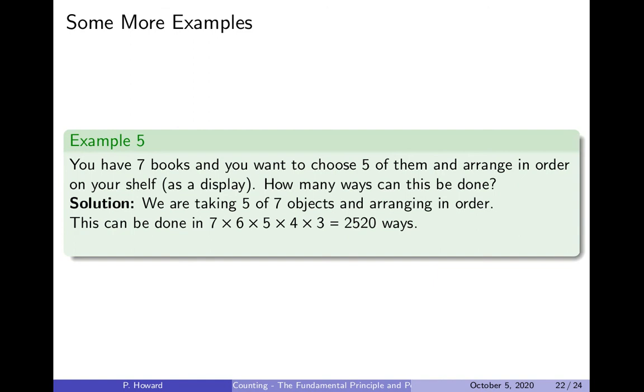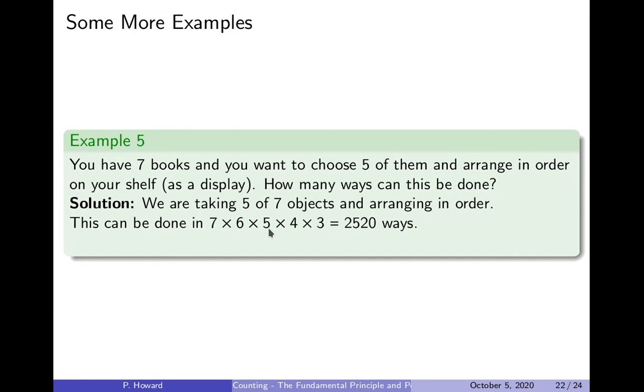We can think of this as making 5 choices, one followed by the other. We choose the first of the 7 books. That can be done in 7 ways. Then we choose one of the 6 remaining books to be the second book in order.